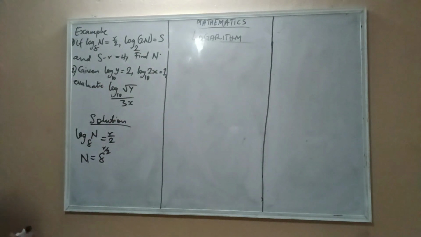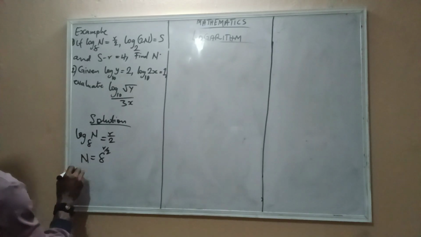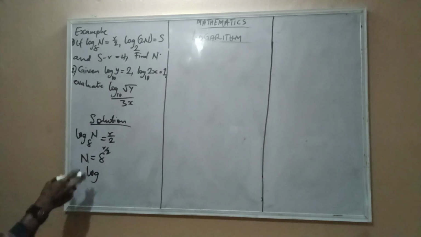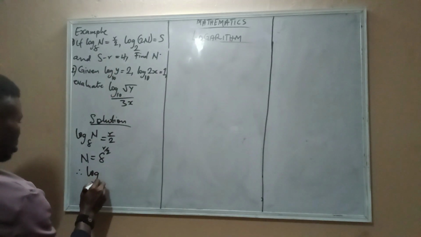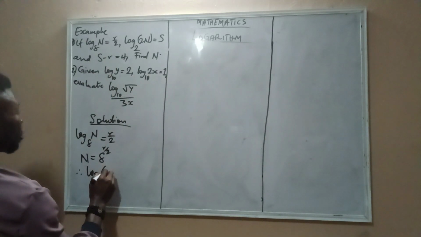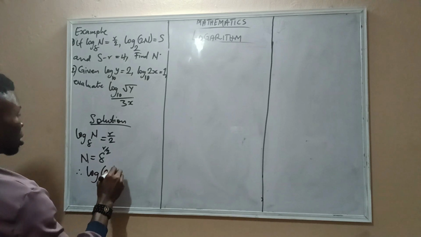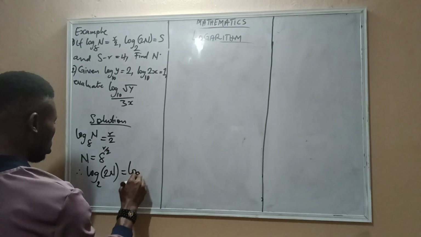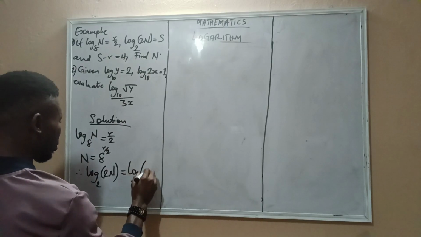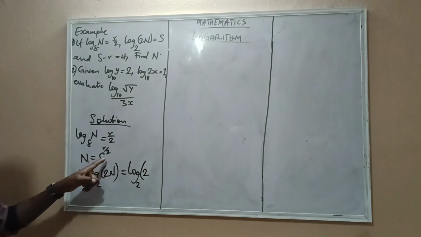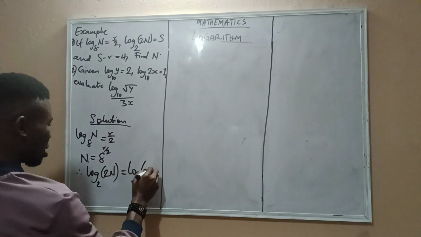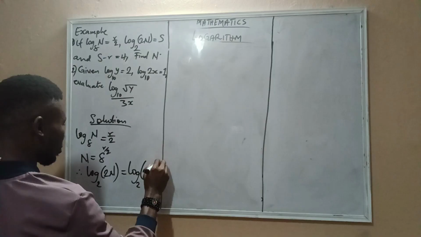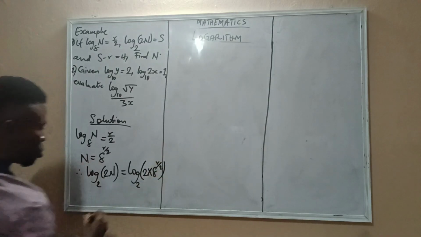Therefore, the second one, log to the base 2 of 2n, will be equal to log to the base 2 of 2 multiplied by 8 to the power of r over 2, since n equals that.